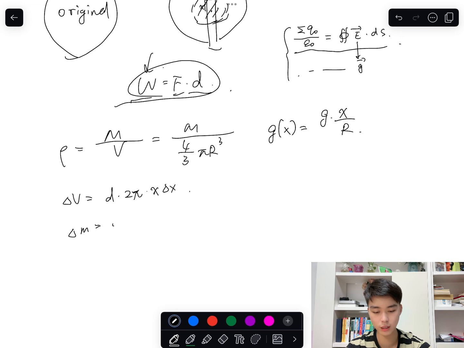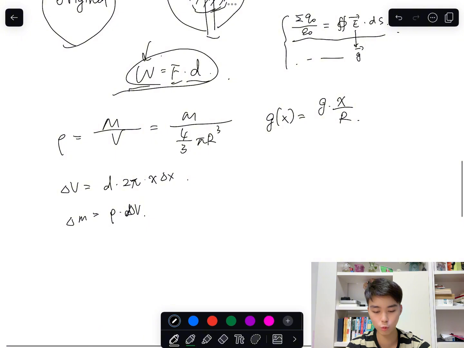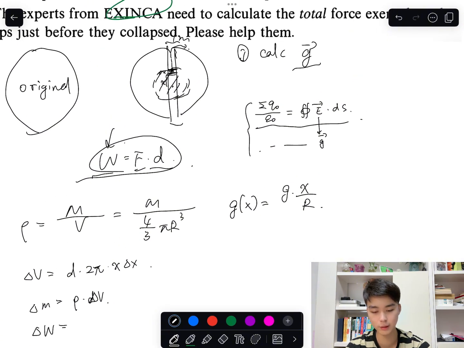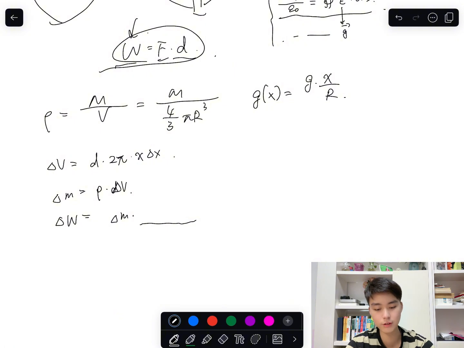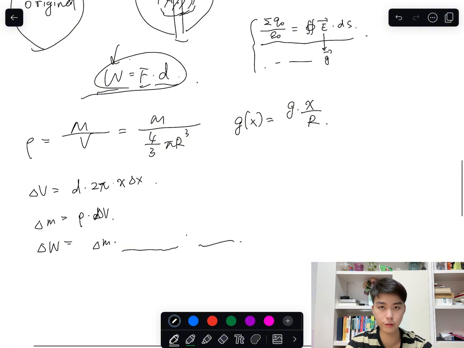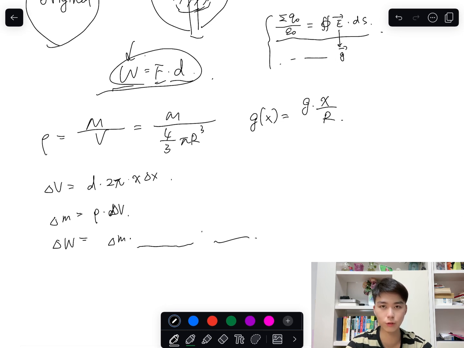It is rho times delta V. So the delta work done to move this part of the metal to the surface of the planet equals delta m times the gravitational field strength times distance. Because this is a linear model, we use the average value to represent the overall process, and we take an average of them.